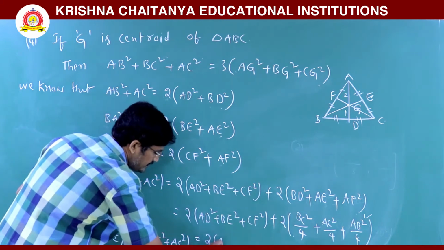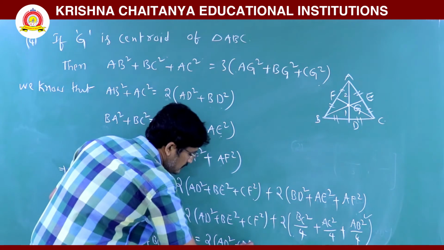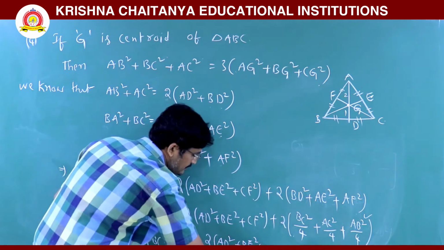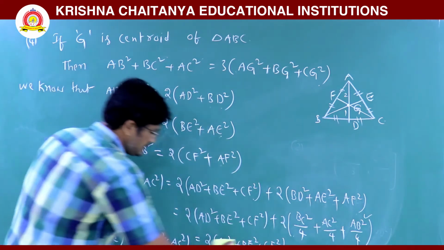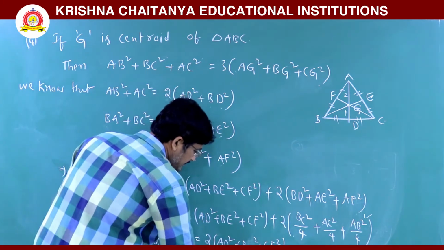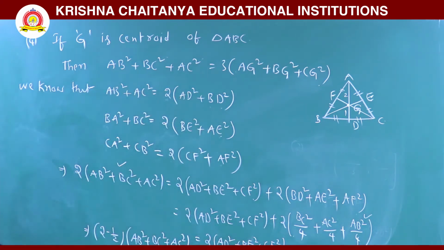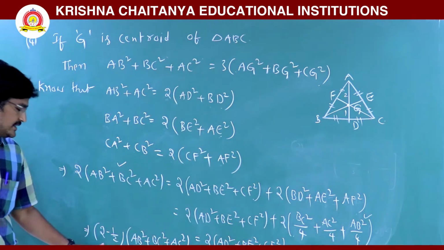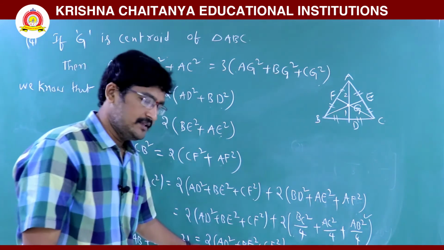Okay, this is there, AD square plus BE square plus CF square. What is 2 minus 1 by 2? It is 3 by 2. 3 by 2 coming to the right side becomes 2 by 3. 2 into 2 by 3.